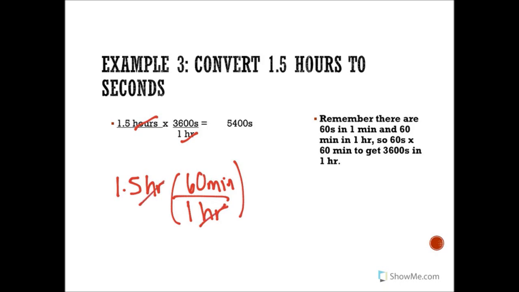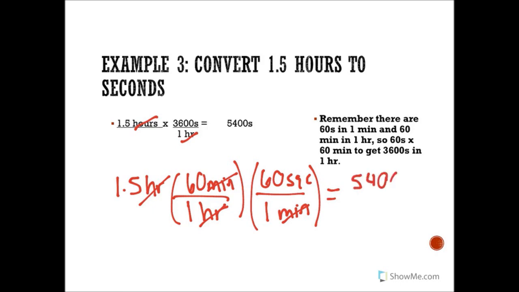So our hours cancel off, we're left with minutes on top, and we also know in 1 minute, again I put that minutes on the bottom so it cancels off, we have 60 seconds. And we're left with seconds on the top. So 1.5 times 60 times 60, we still get the same answer, 5,400 seconds.